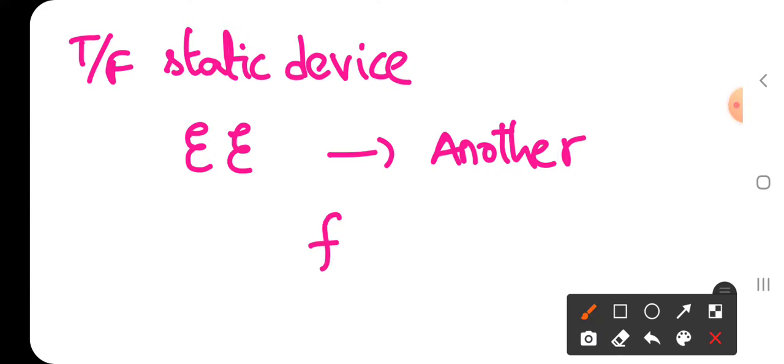That means frequency is kept constant. That is what the transformer will do.